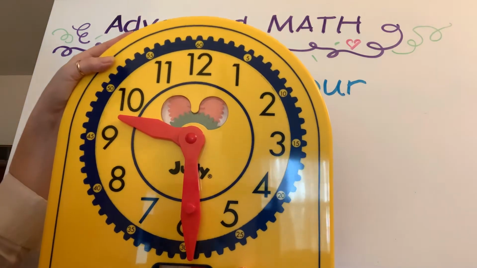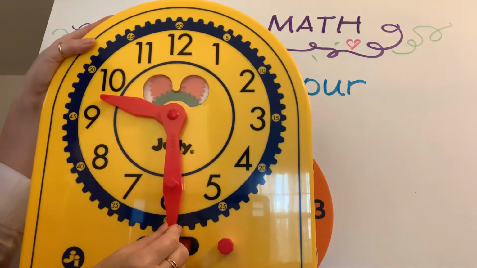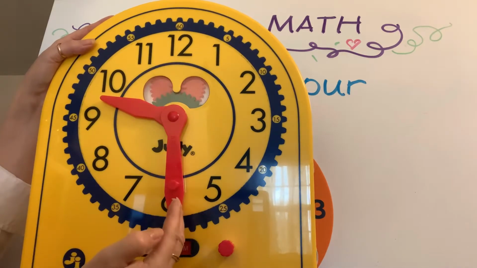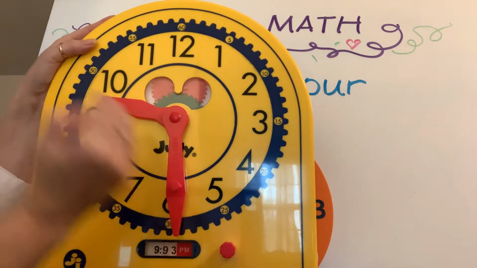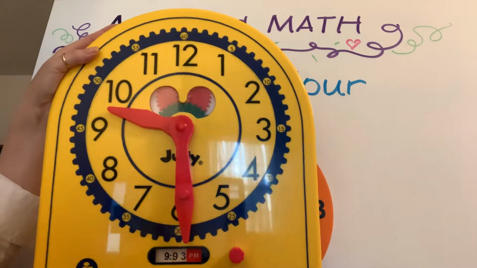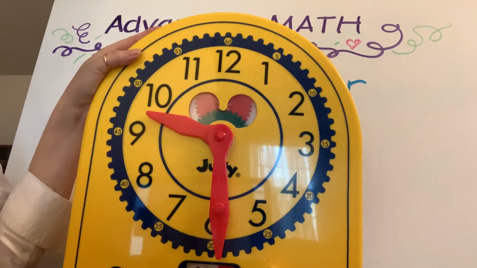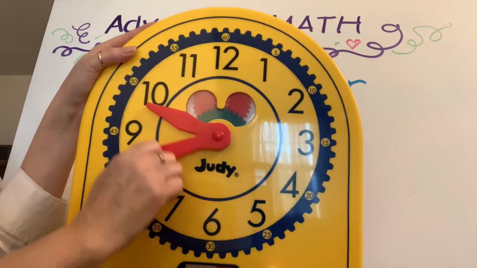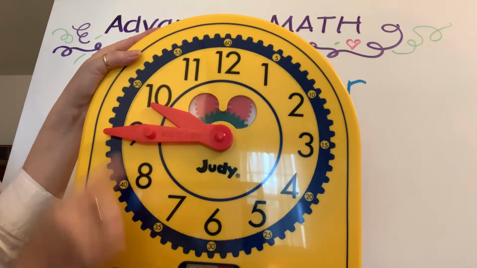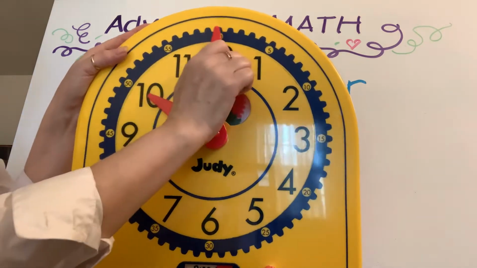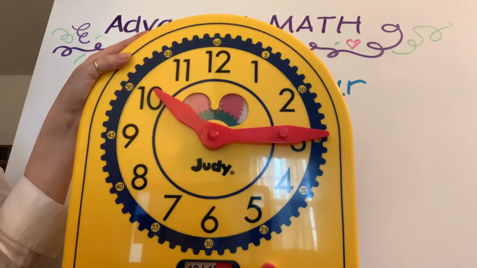It must be 9:30. Okay, so I don't need to say a quarter here. What 2 numbers do I need a quarter? Correct. I need a quarter for there when it's on the 9, and I need a quarter for there.